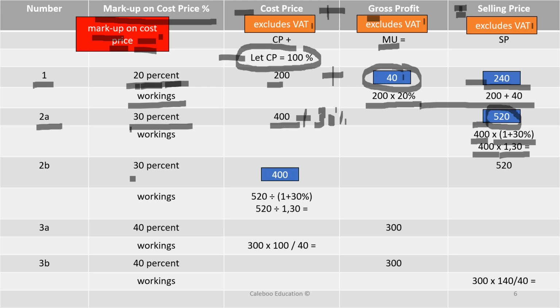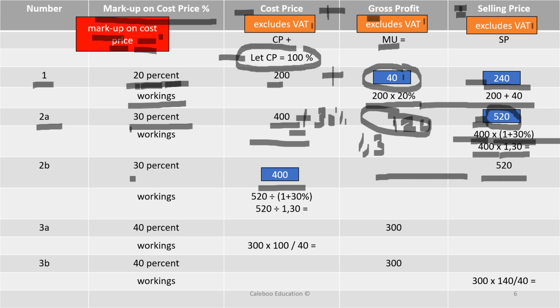And the gross profit, okay, I haven't calculated the gross profit there. It's very easy. 520 minus 400 is going to give you 120. Then I jumped on to the next one. Here, if I multiplied by 1,3 to go from the cost price to the selling price, if I want to go from the selling price to the cost price, I divide by 1,3.